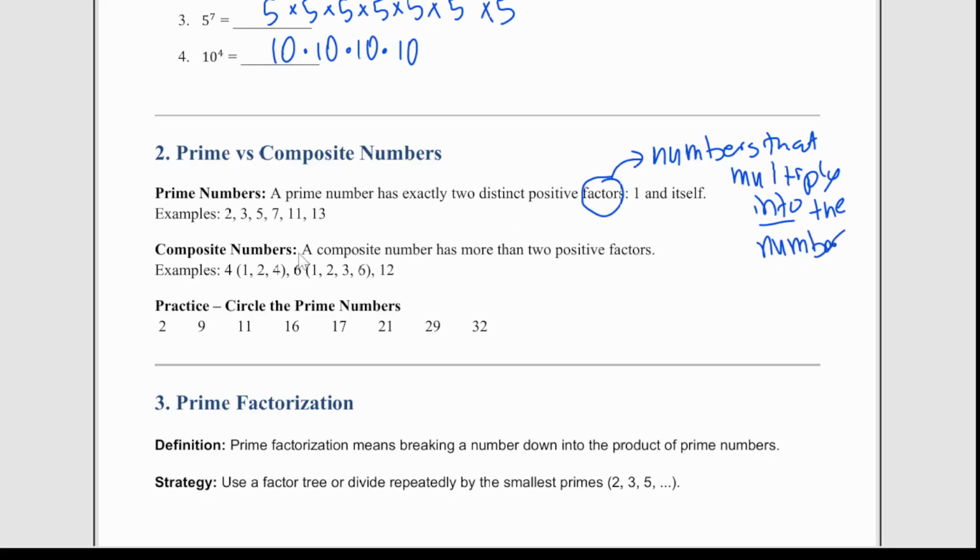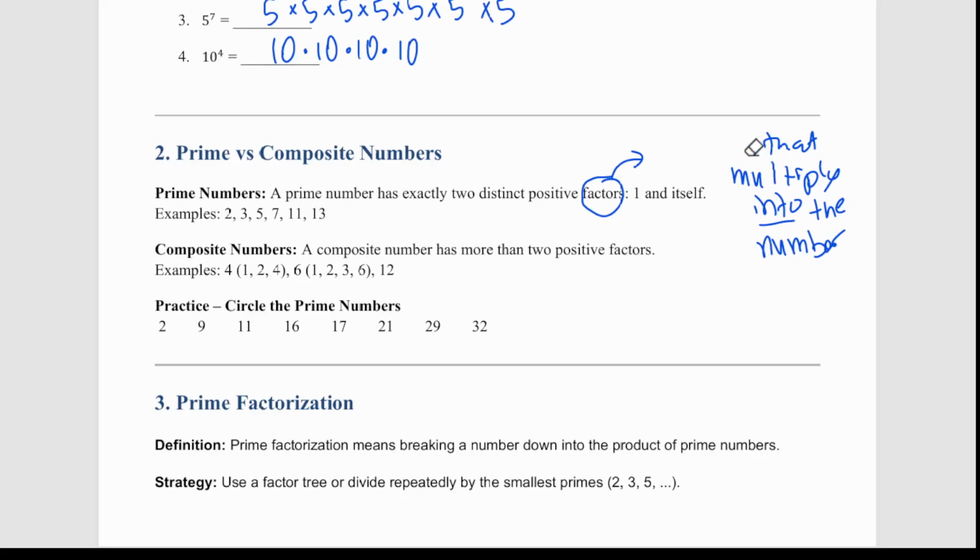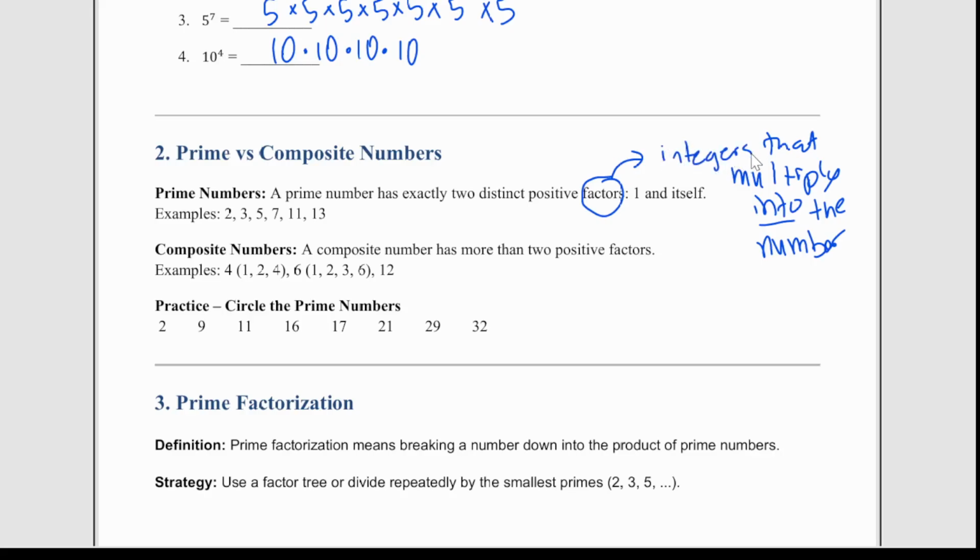So for example, for 2, and I should actually be more specific than numbers, those would be the integers, and specifically the positive ones. So the whole numbers. That's really what we're concerned about here so far. So for example, with 2, the only whole numbers that multiply into 2 would be 1 and 2. 13, the only ones that multiply in are 1 and 13.